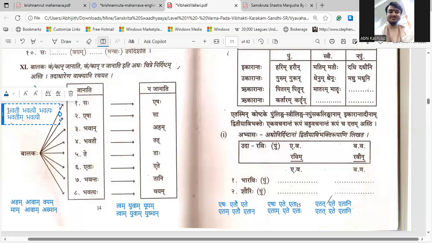Wait, I think I made a mistake. No, sorry, this is Ikaranta, so it will remain Bhavatihi only. Sorry, I got confused with Akaranta and Ikaranta. It is Bhavatihi only.